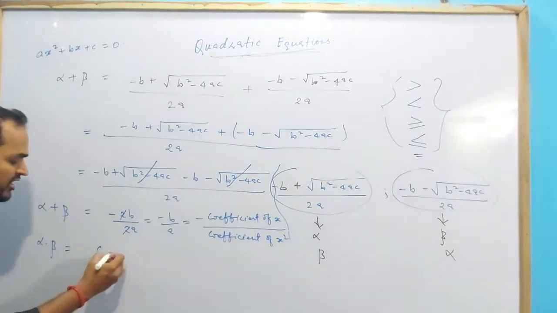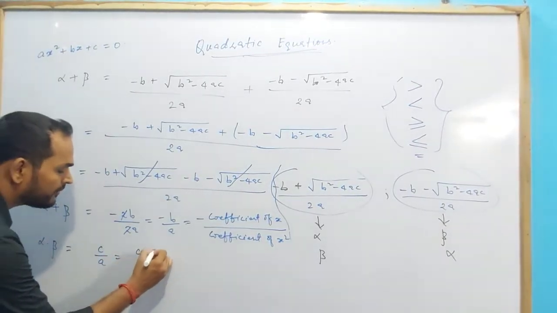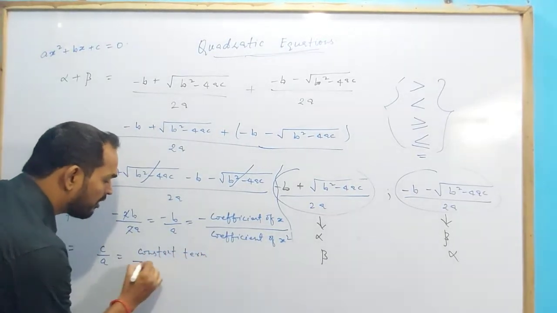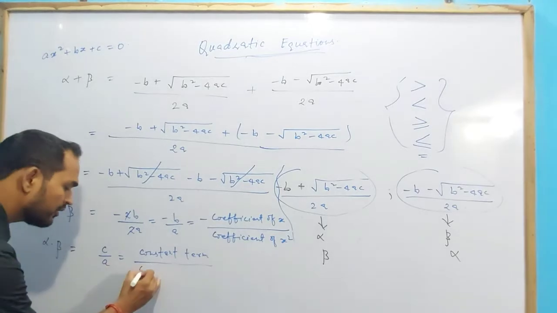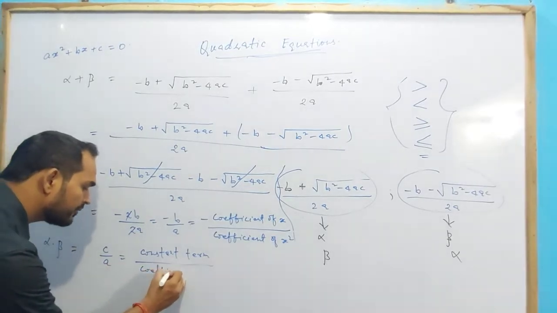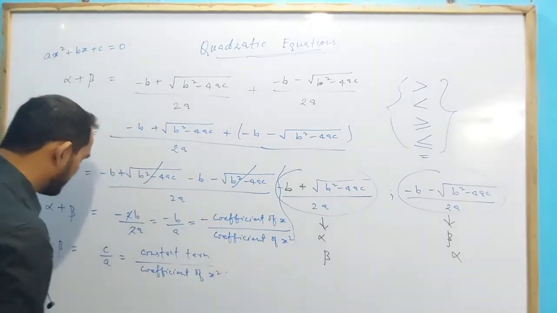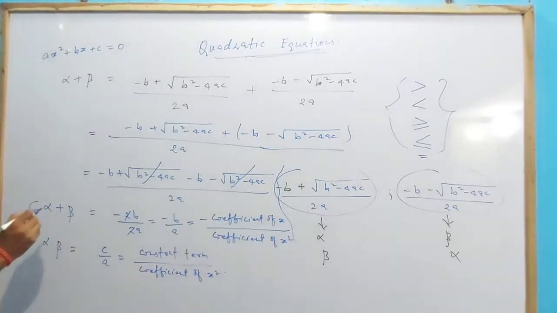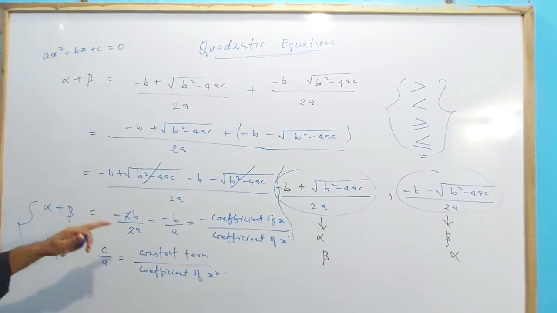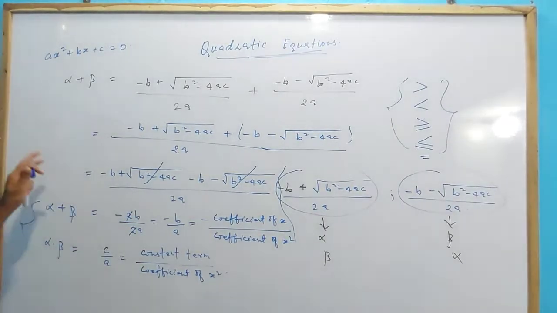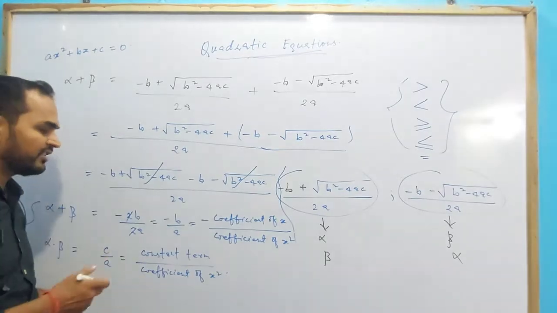So c is the constant term upon, once again, a, the coefficient of x square. So this relation of alpha plus beta to the coefficients and alpha into beta to the coefficients has been established.